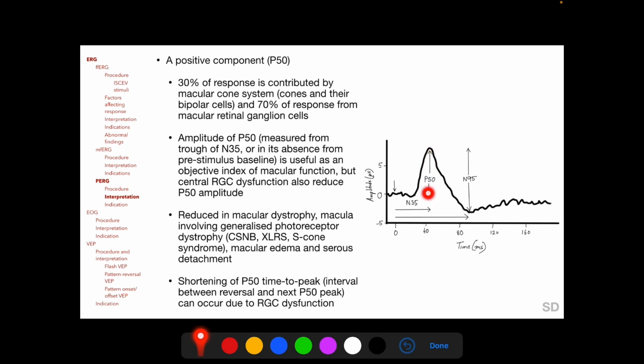So the P50 amplitude is reduced in macular dystrophy, macula-involving generalized photoreceptor dystrophy, macular edema, and serous detachment of the retina. And an earlier peaking of the P50 deflection can occur due to severe retinal ganglion cell dysfunction.